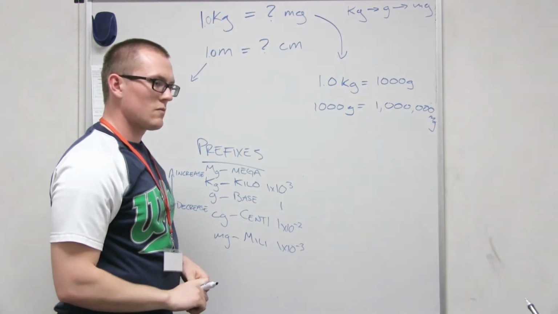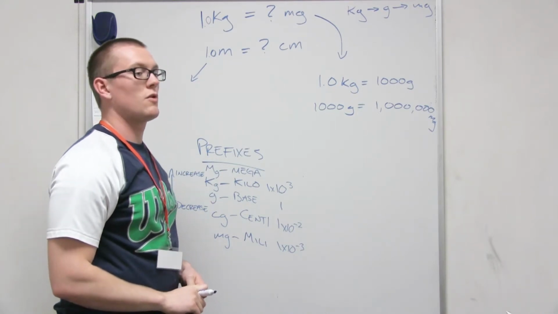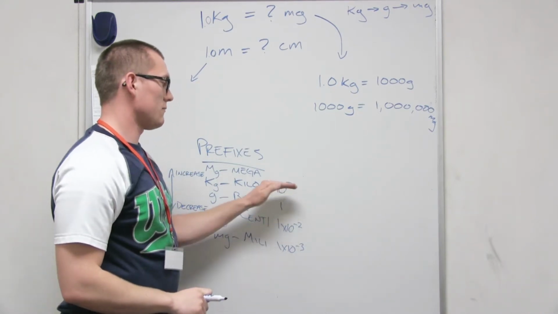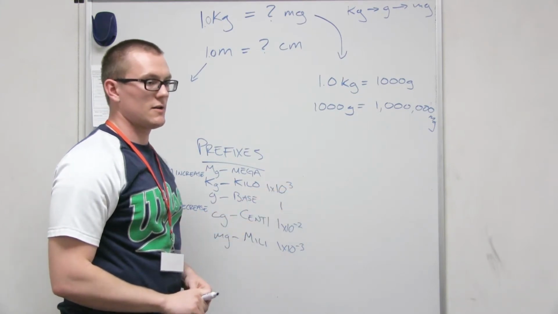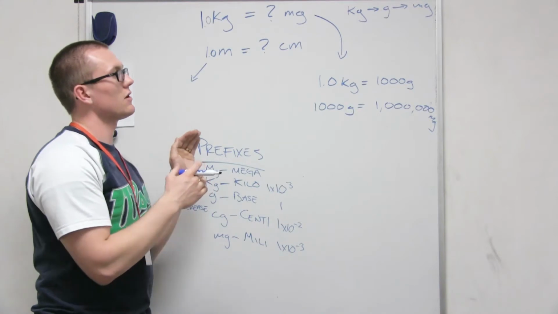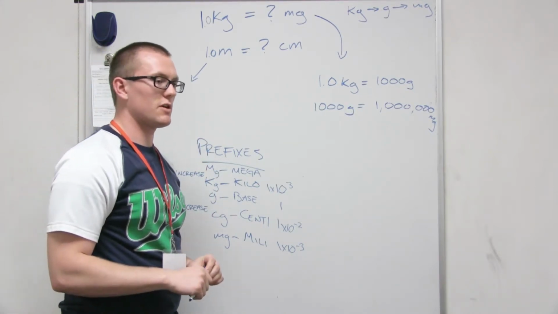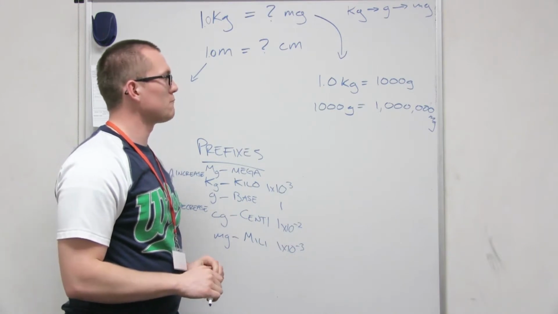So kilograms is 10 to the third, and I'm going down to grams. That's when we would go to the right, because kilograms is bigger, so we end up having more of the smaller things. Does that make sense? Yeah. Okay, perfect.